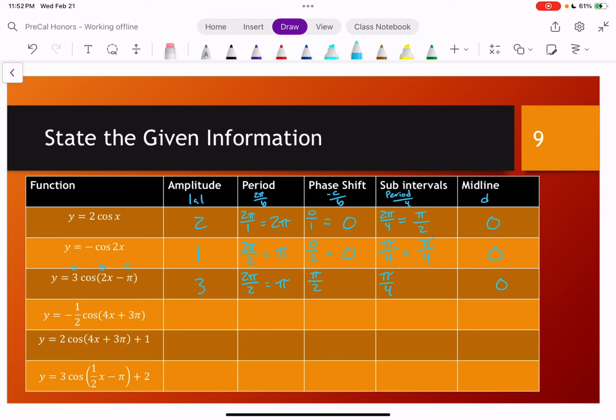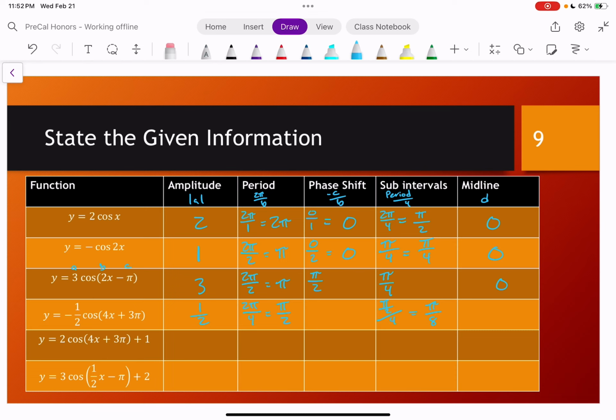Here we have our amplitude being 1/2. Our period is 2 pi over b, which is 4 in this case. So we will simplify to pi over 2. Our subinterval, which is pi over 2, divided by 4, would leave us with pi over 8 as our simplified answer.